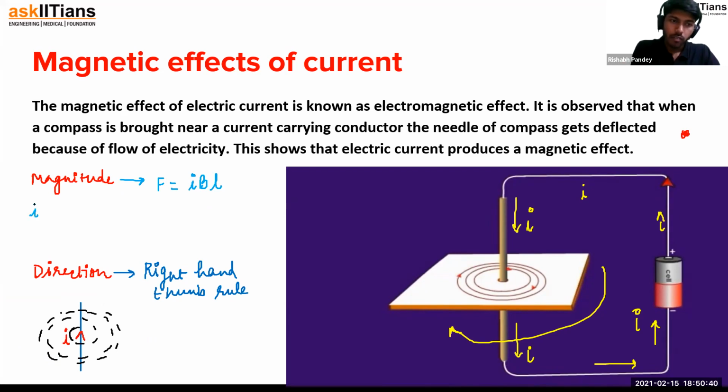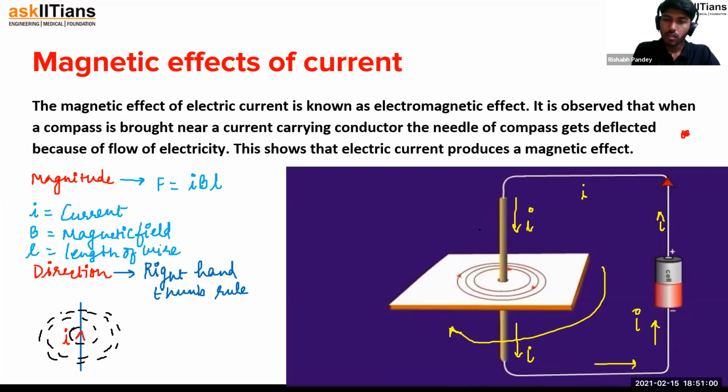I, as you can expect, stands for current. B stands for magnetic field. And L is the length of the wire.